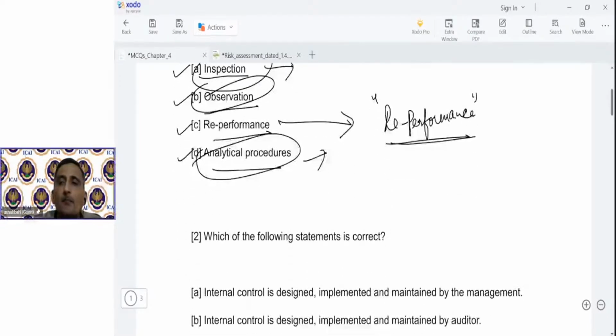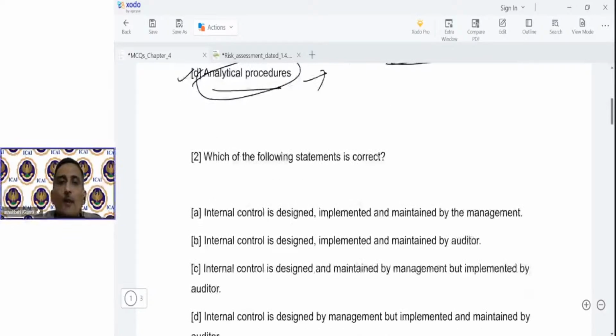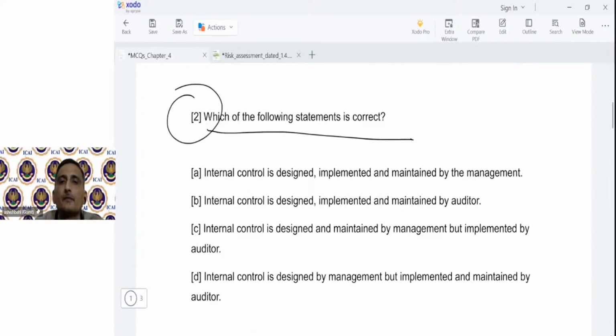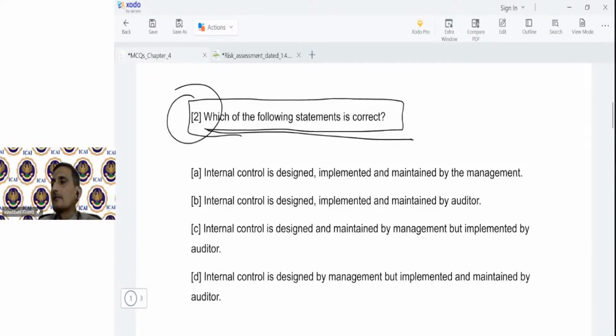Fairly simple question. Just drop your mail. Which of the following statements is correct?